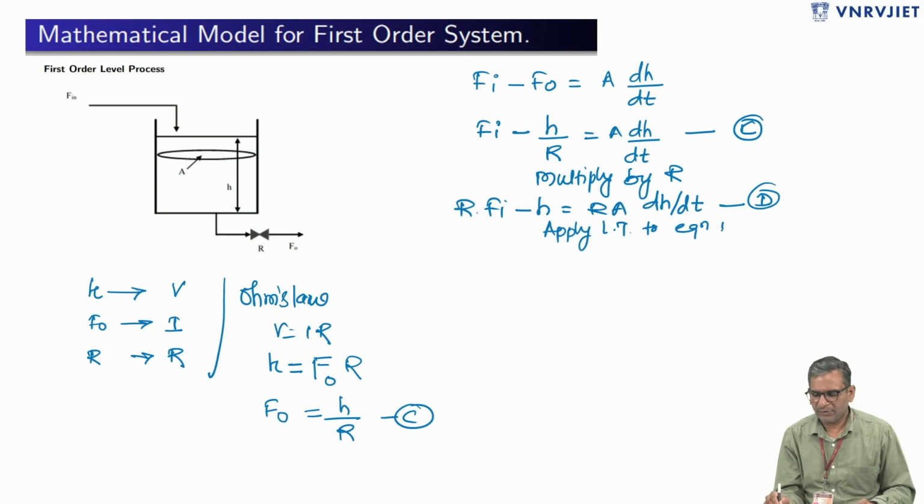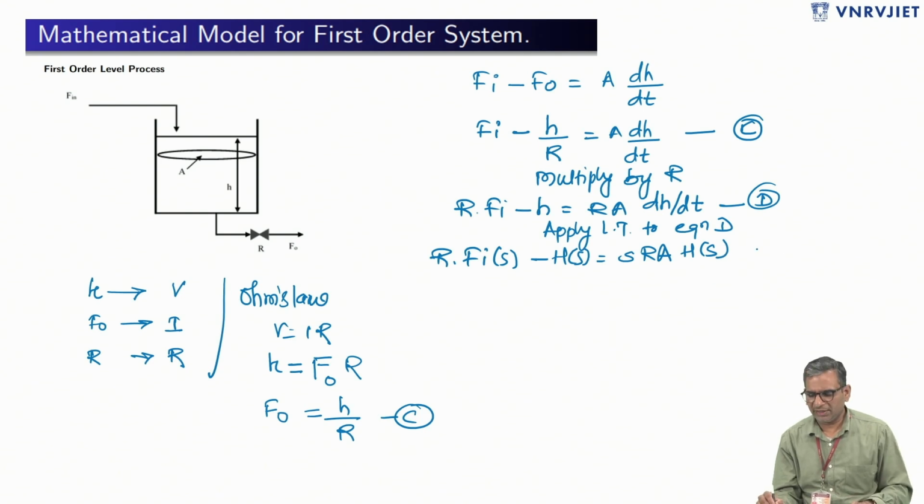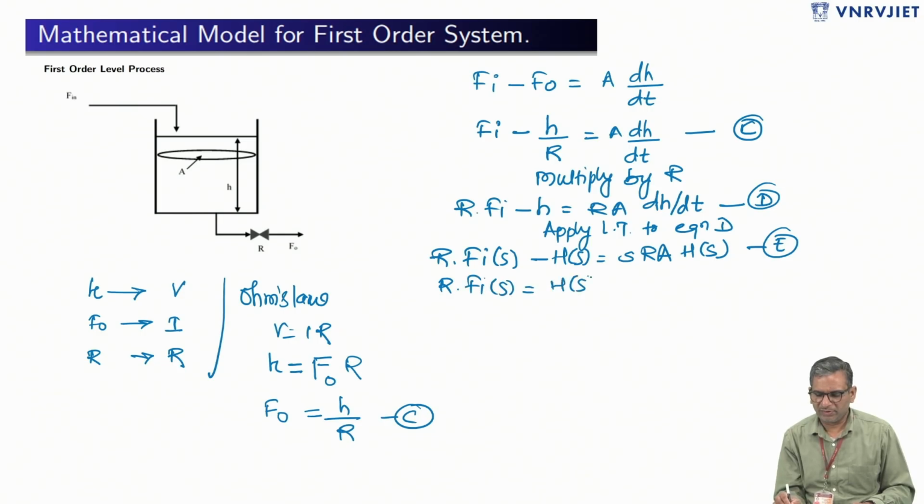I get R into Fi of S minus H of S is equal to S into RA into H of S. I will rearrange this equation E. So R into Fi of S is equal to, taking H of S common, H of S into 1 plus S into RA.